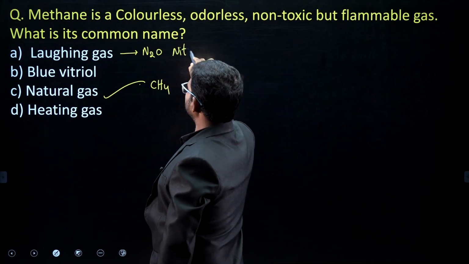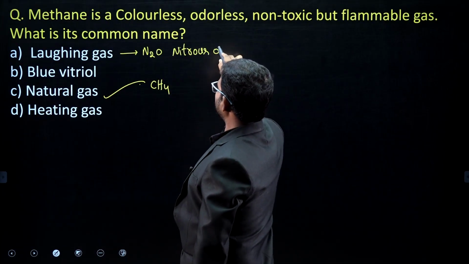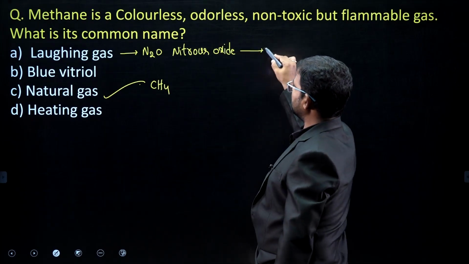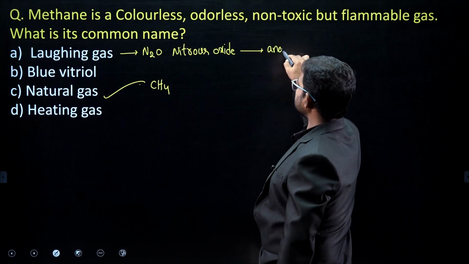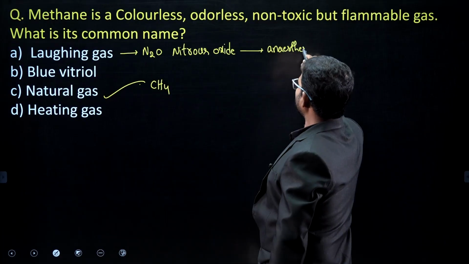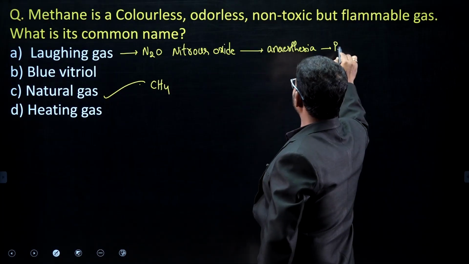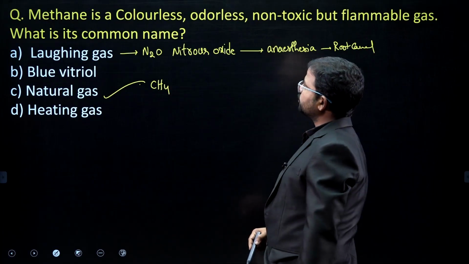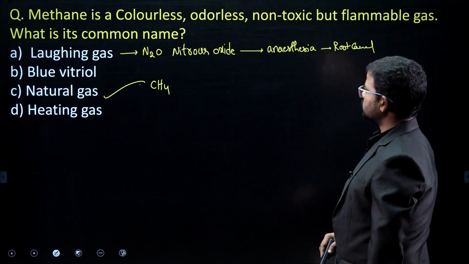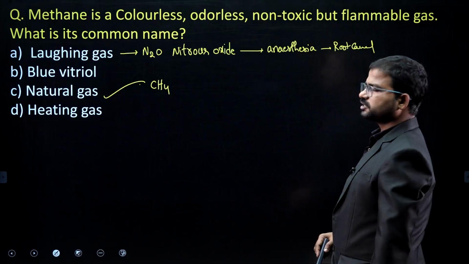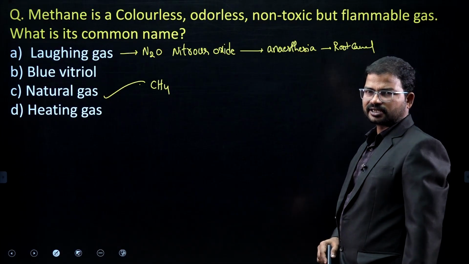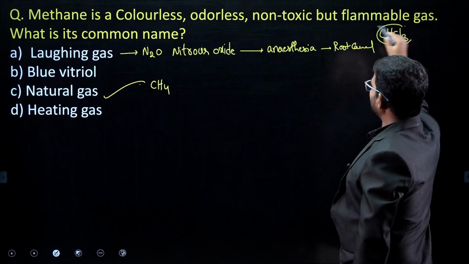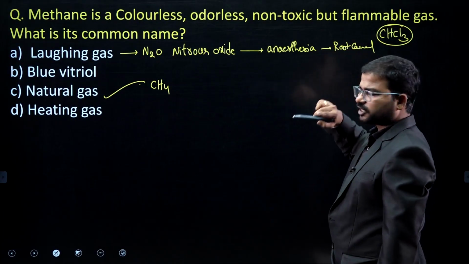This is used as an anesthetic in root canal operations. It is one of the most commonly used anesthetic drugs, just like chloroform. These two are the commonly used anesthetic drugs, nitrous oxide and chloroform.